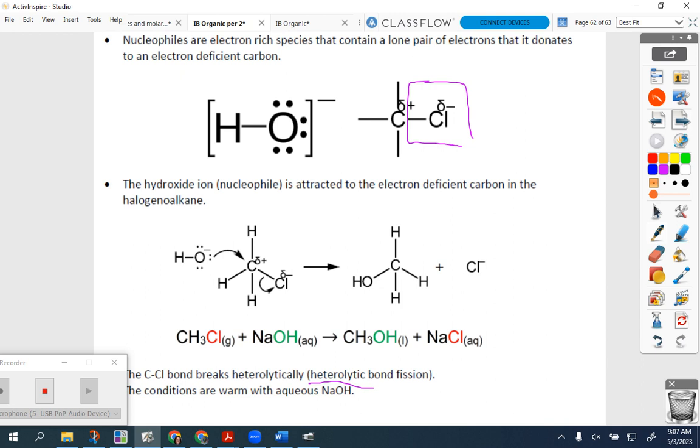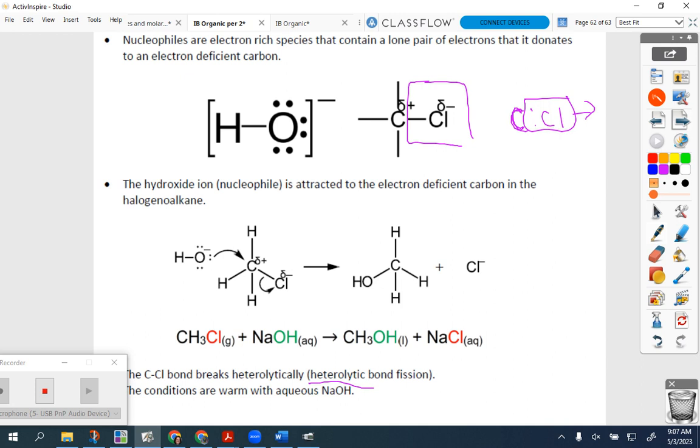So the bonding electrons both go with the chlorine. The carbon is left electron deficient, but luckily our hydroxide ion comes in and saves the day, and we end up with an alcohol. Okay.